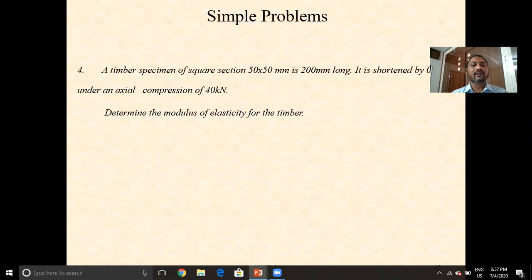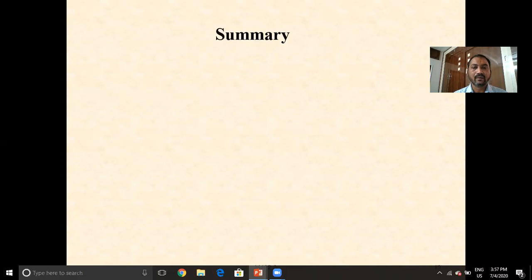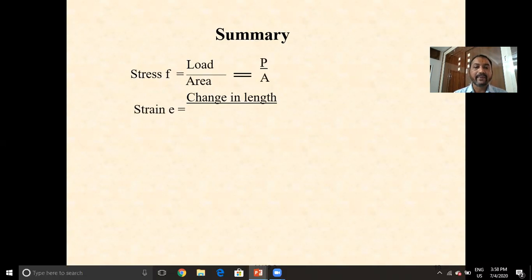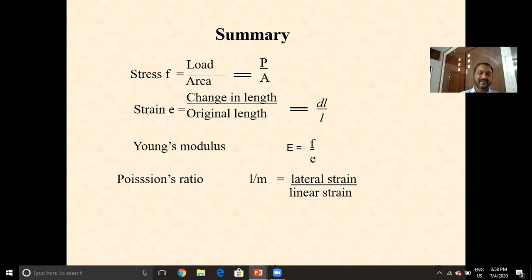Okay, now we can go to the summary. So in this class, we have used some formulas: stress f is equal to load by area, that is nothing but P by A, and strain is equal to delta L by L, and Young's modulus capital E is equal to stress by strain, that is f by e, and we got Poisson's ratio, lateral strain e dash by e.